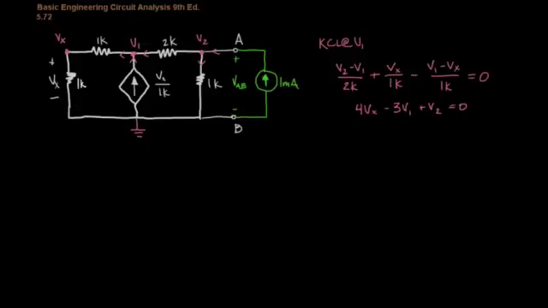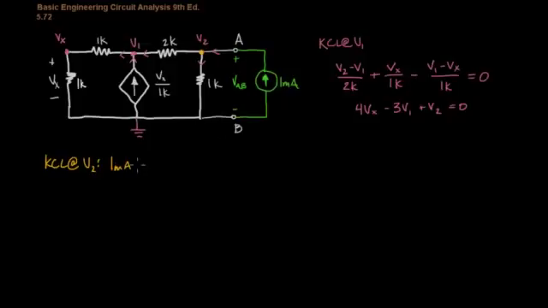Okay, let's do KCL at V2 now. We'll say that going in is positive, so 1 milliamp, and everything else is going out of the node.